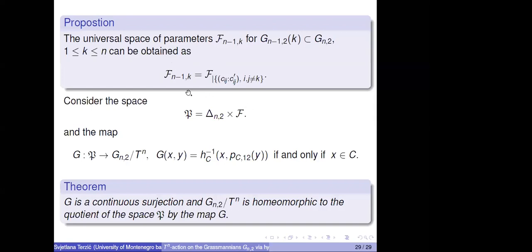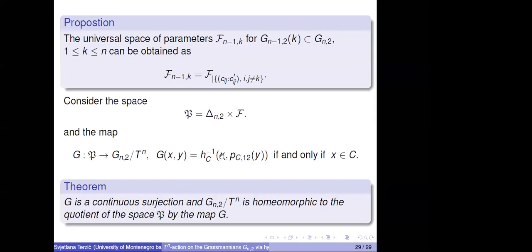What we can consider then is the space Δ_{n,2} times F, and the map which to each pair of points x, y assigns the following. We have a unique chamber that contains the point x. For this chamber the projection is defined.